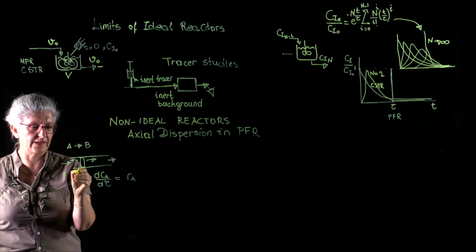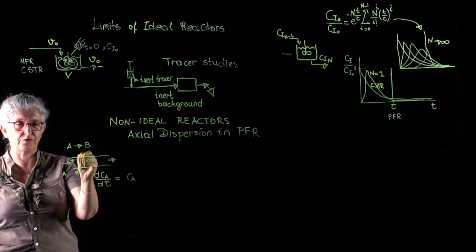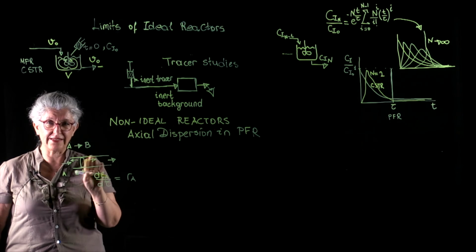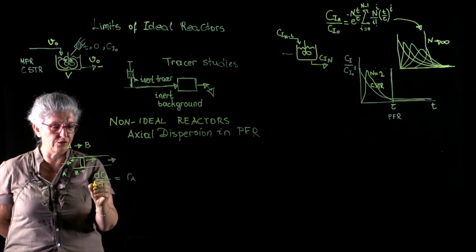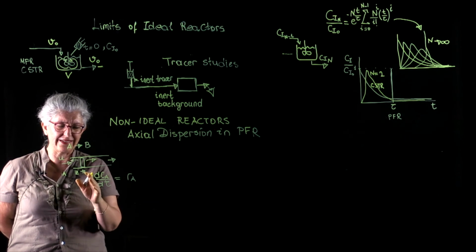Let's indicate that this is the z direction. We still have uniform concentrations in our direction, and we are not going to take that dimension into consideration for the first analysis. So we are going to have a linear velocity of u in the z direction.